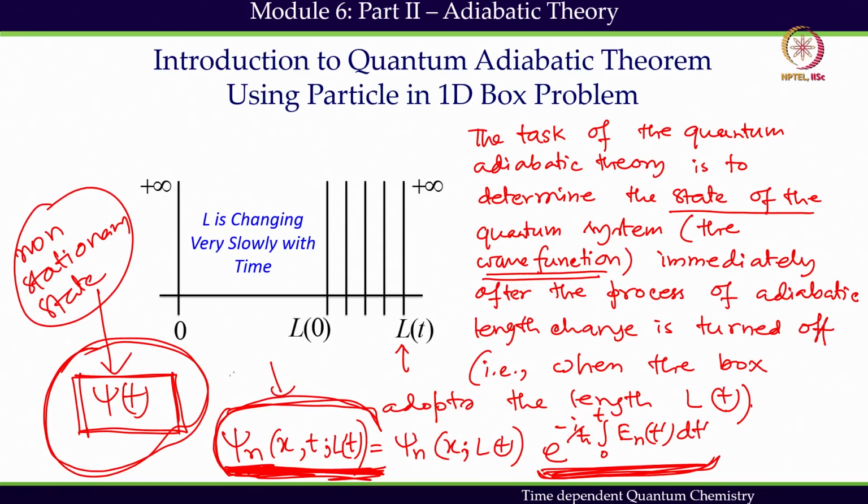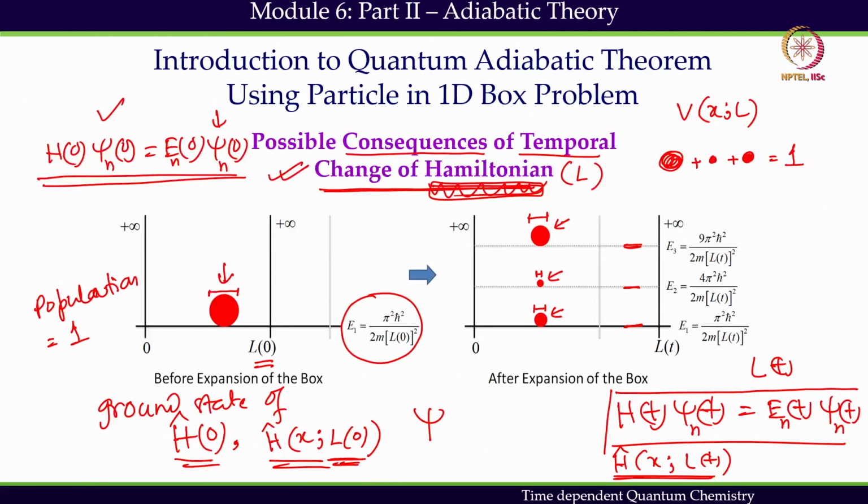These are stationary states. This is a stationary state at time t, which means for a particular length of the box, this is a stationary state. But because of this expansion, because of this possibility of development of population in different states defined by HT now, one can say that the particle is not in a stationary state anymore.